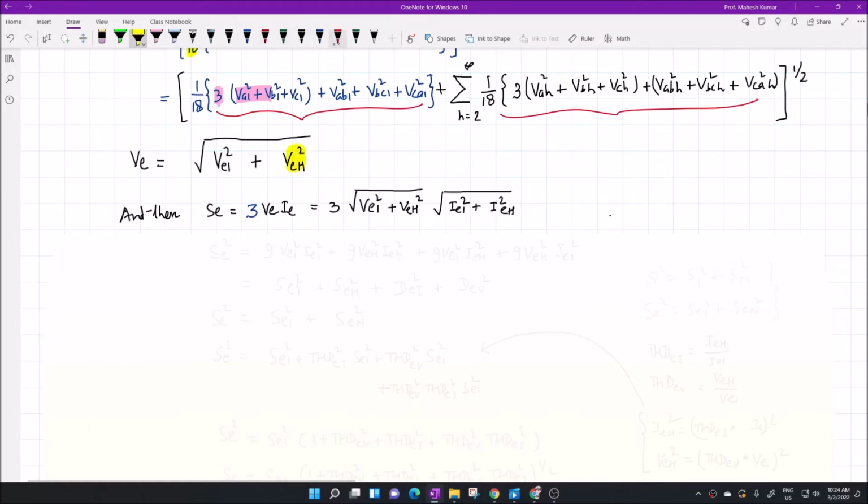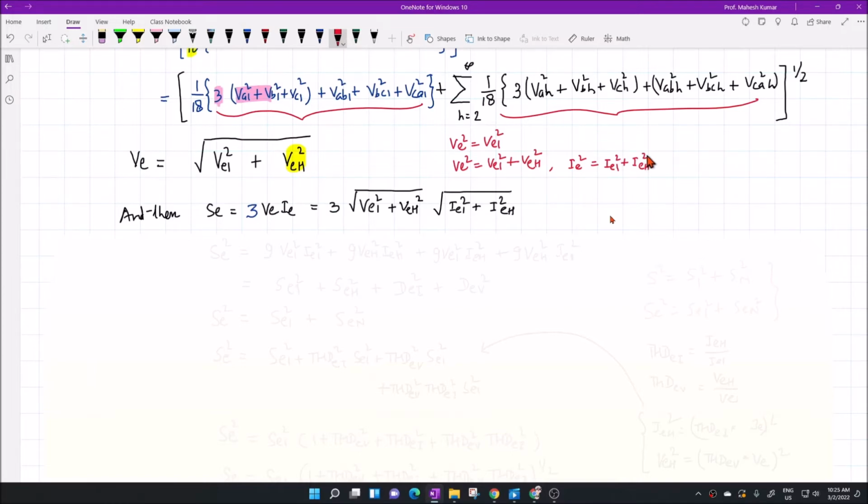So in that case, we will get only BE square equal to BE1 square. But now, because of harmonics, we will get BE square equals BE1 square plus BEH square, similar to the current, where we got IE square equal to IE1 square plus IEH square.